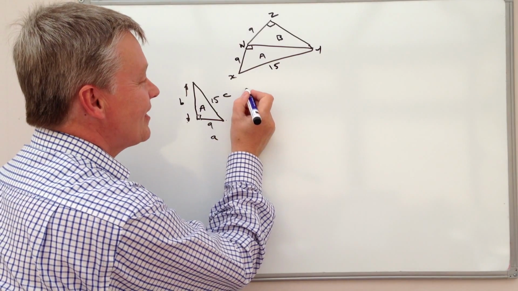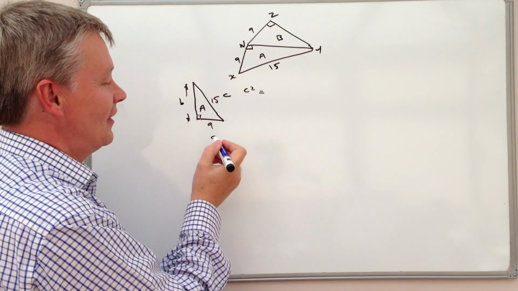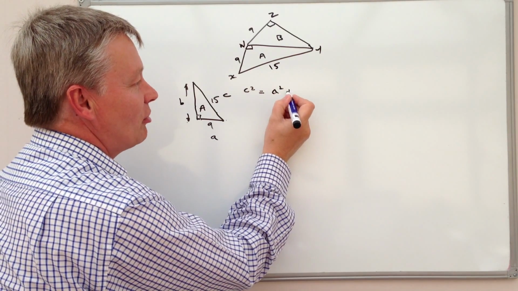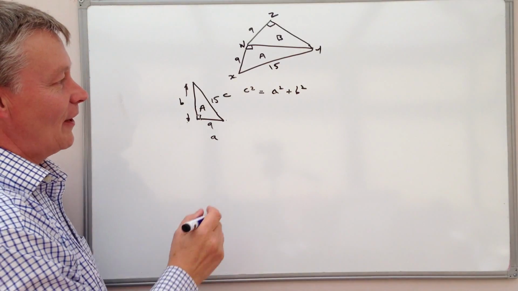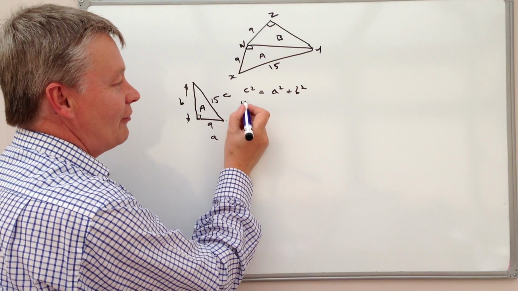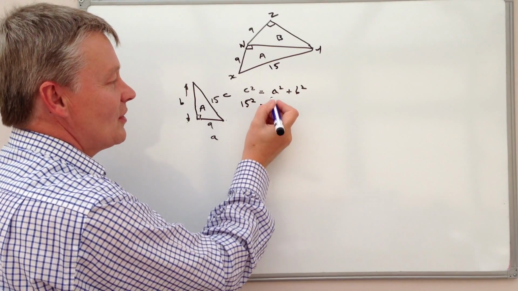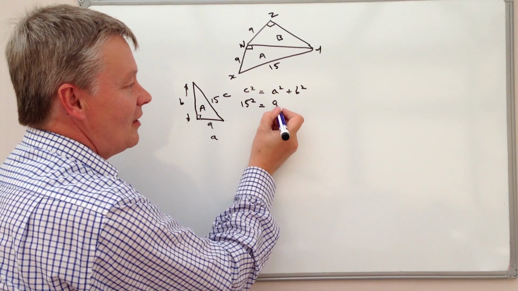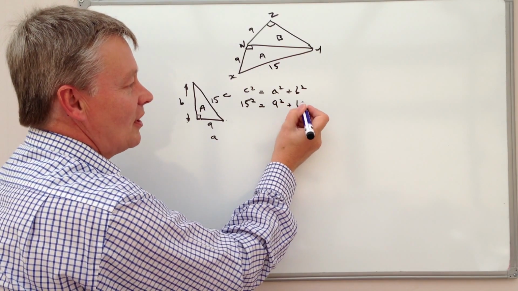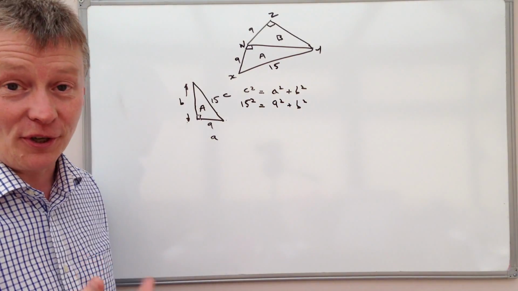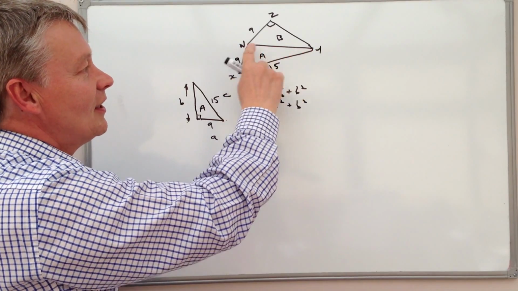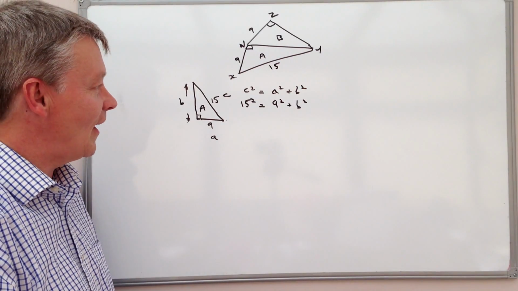So I've got C squared equals A squared plus B squared. C squared is 15 squared, equals A squared, which is 9 squared, plus B squared, which is the bit I'm trying to find out, this WY along there.